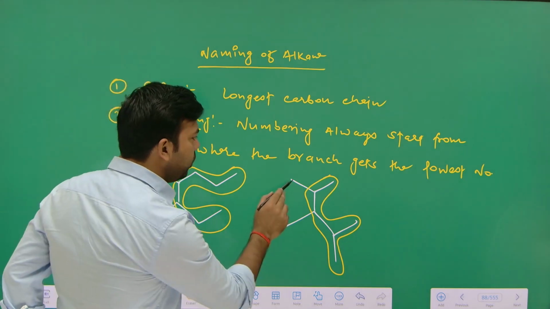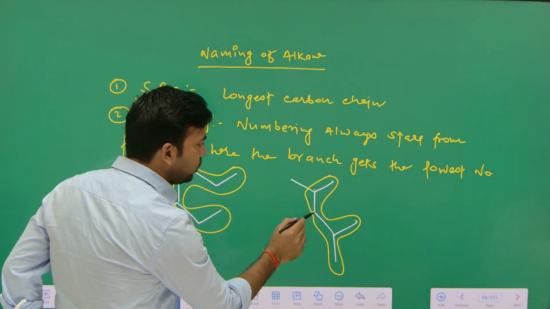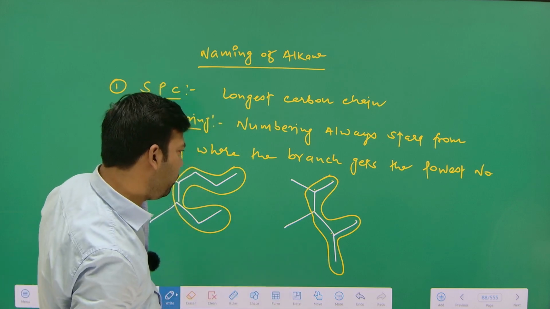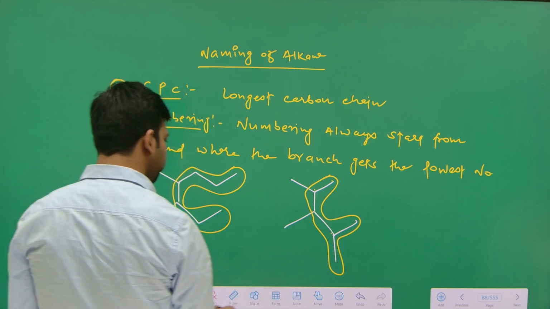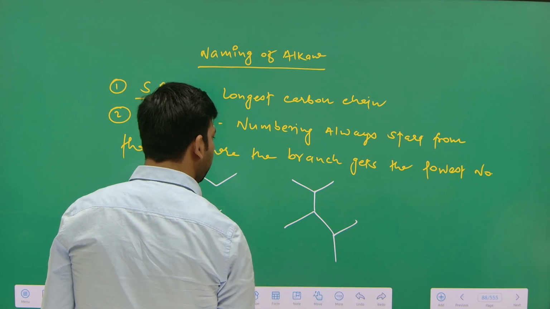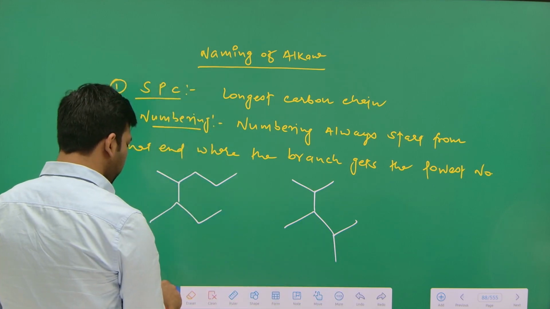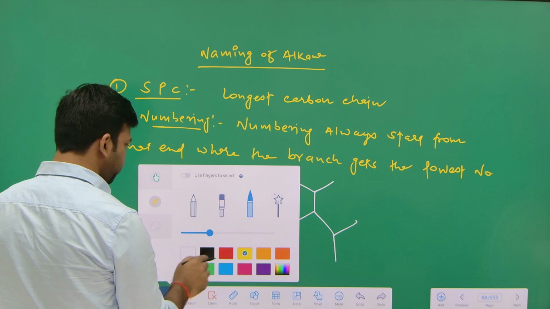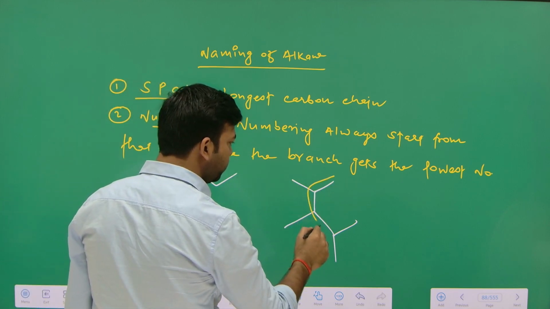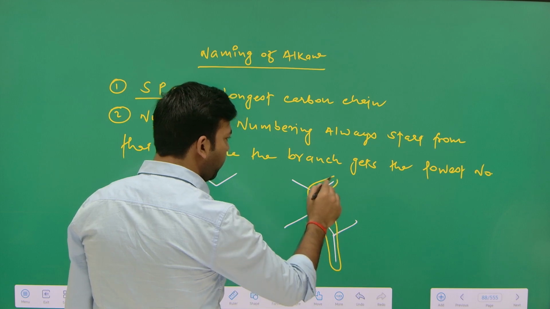You can see how many carbons here? 1, 2, 3, 4. Wait, something wrong here. Look at here. The longest carbon chain will be this. Clear?